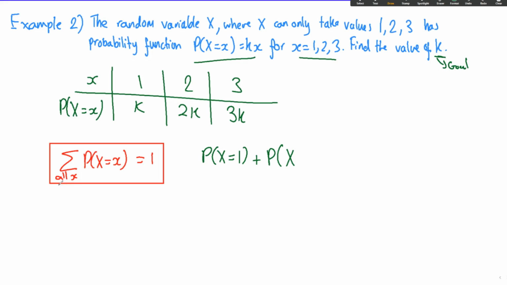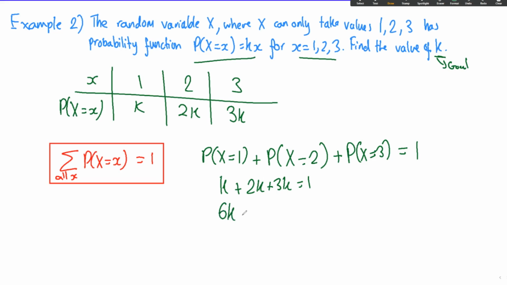So we're going through all of the lowercase x here, through 1, 2, and 3, and we're just adding them all together, and that'll equal 1. And then we can put our values in, like so. If we add these together, we get 6k on the left, and we just divide through by 6 to get k equals a sixth. And we found the value of k.